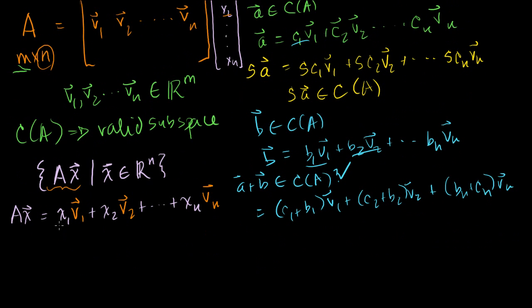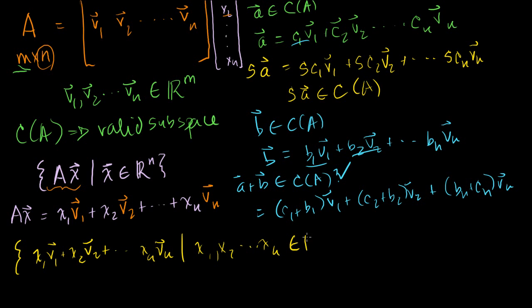What is the set of all possible? So I could rewrite this statement here as the set of all possible x1 v1 plus x2 v2 all the way to xn vn, where x1, x2, all the way to xn are members of the real numbers.